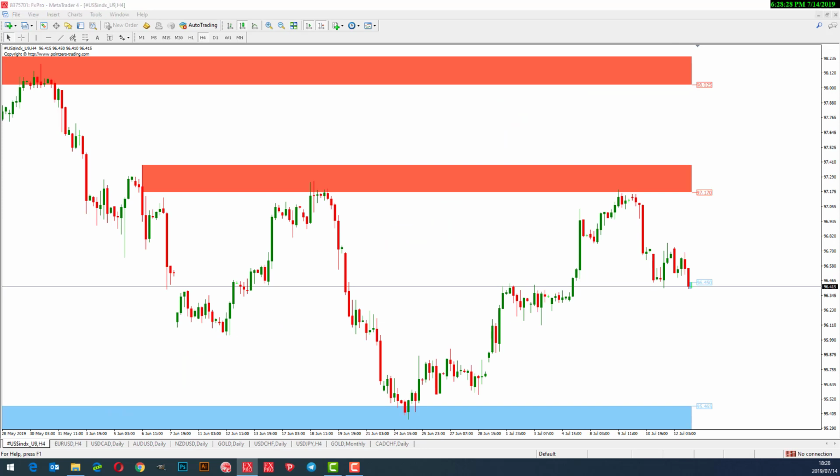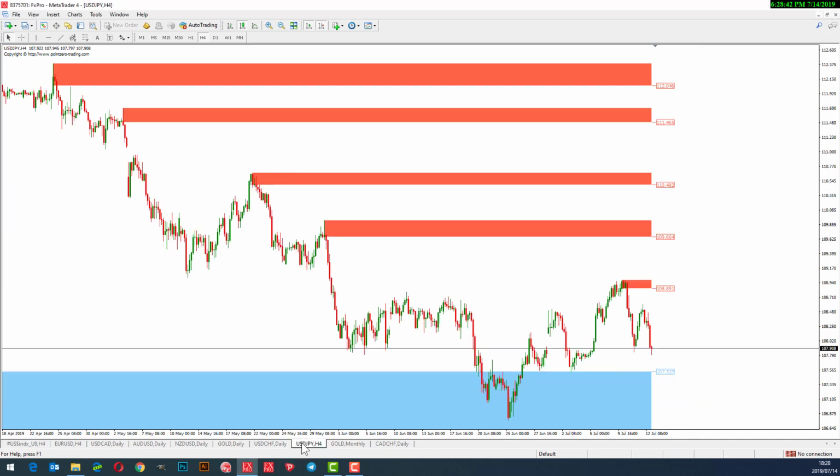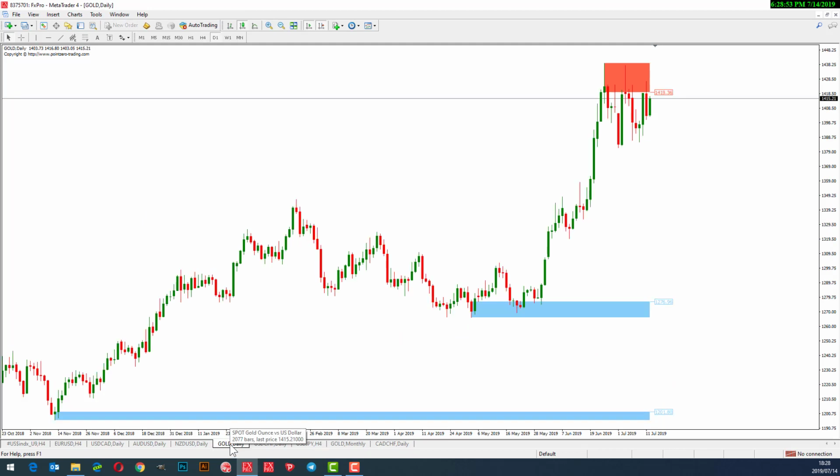So I'm really expecting the dollar to continue with its bearish move to the downside all the way to 95. So when that is happening, we are going to be looking for short trades on USDJPY. Take note, 108,800, 109,600 price zones. We are going to look for long positions on gold from the 1380, 1385 price zones.